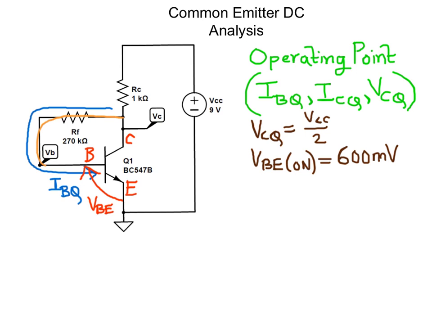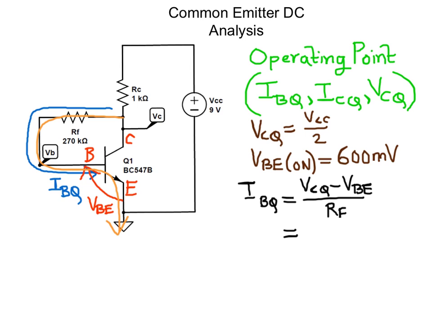Taking the KVL across this network, we can write IBQ equals VCQ minus the base emitter junction voltage, divided by RF.